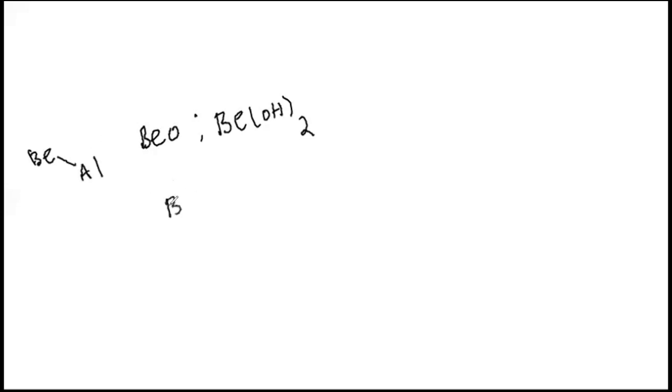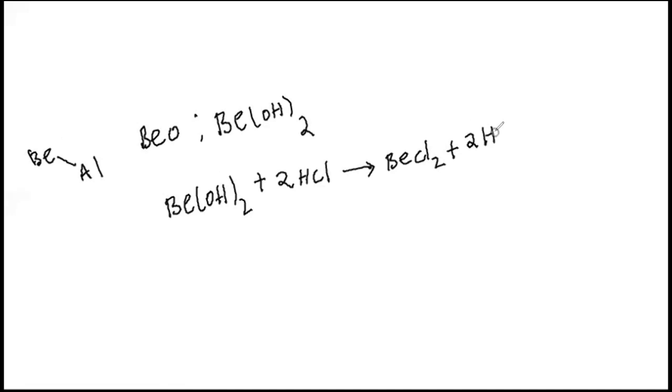Now, this beryllium hydroxide can react with acids, that is Be(OH)2 plus 2HCl gives rise to BeCl2 plus 2H2O, means salt and water.